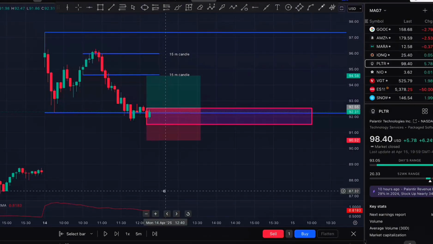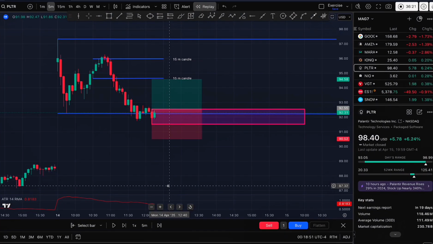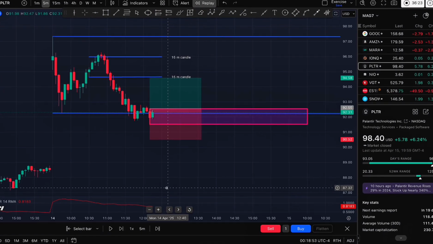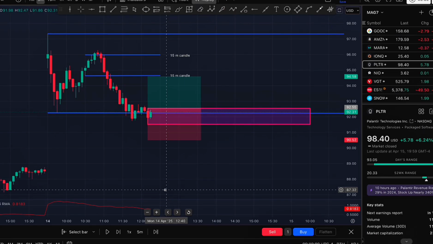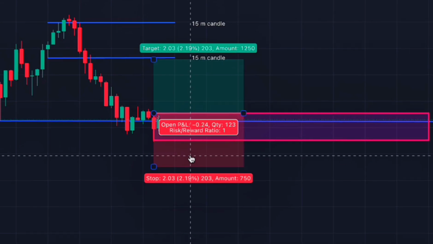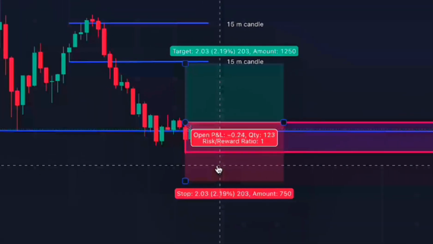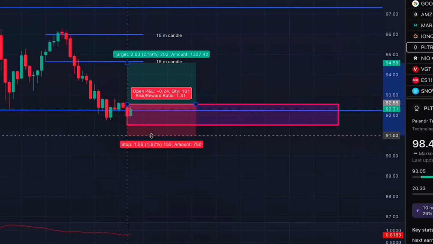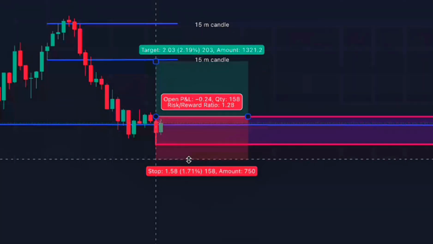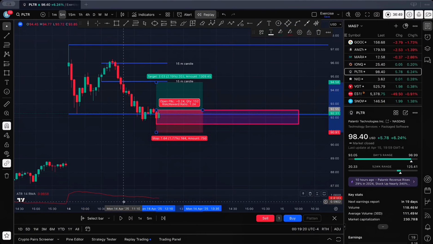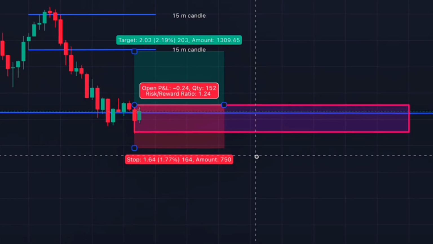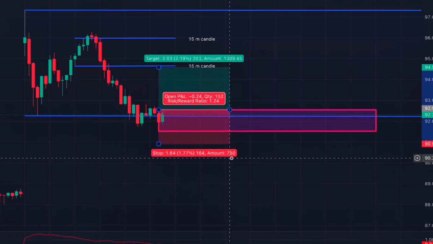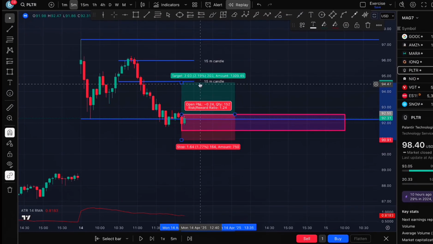If I multiply that by 2, 0.8188 times 2 is going to give me 1.64. Okay, I come here, I measure that, it's 1.64, just right here. Okay, this is going to be my stop loss. The stop loss amount is like $750, something like that.